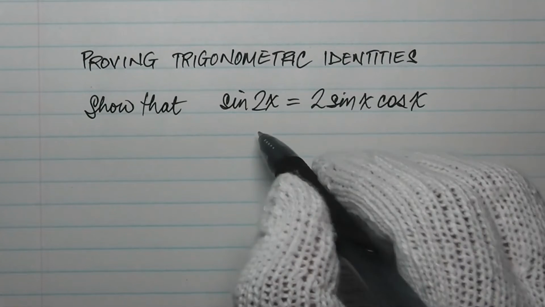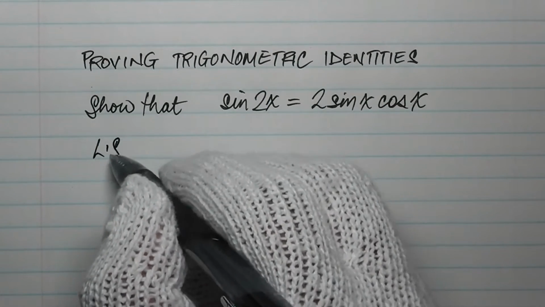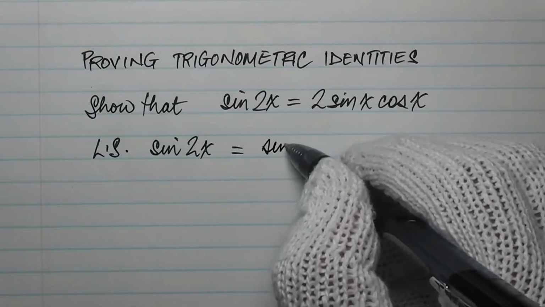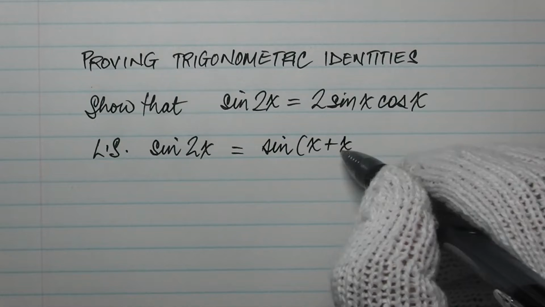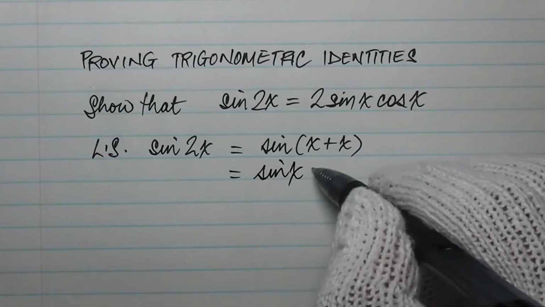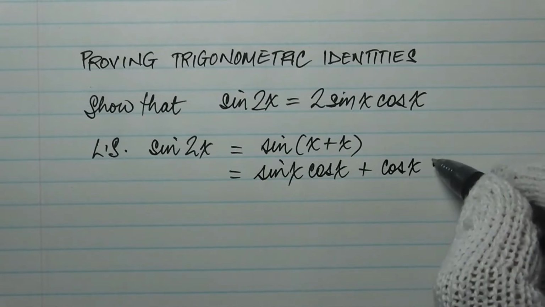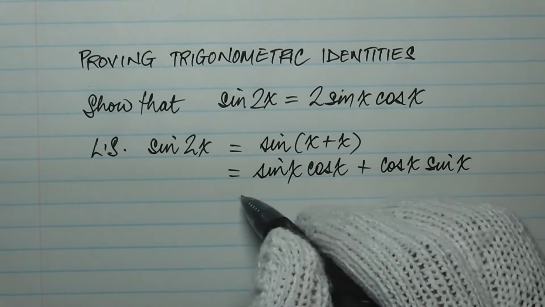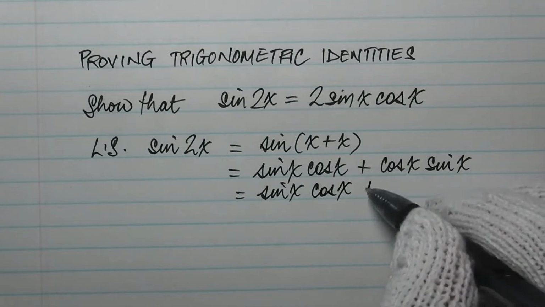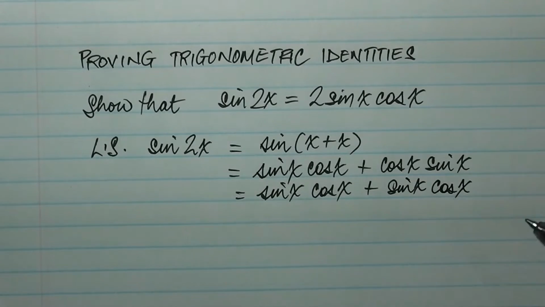The idea in this is to start with one side and make it look exactly like the other side. So let's start with the left side. Sine 2x. Well, sine 2x is the same as sine of x plus x, which is sine x cos x plus cos x sine x, which is the same as sine x cos x plus, switching these around, sine x cos x.